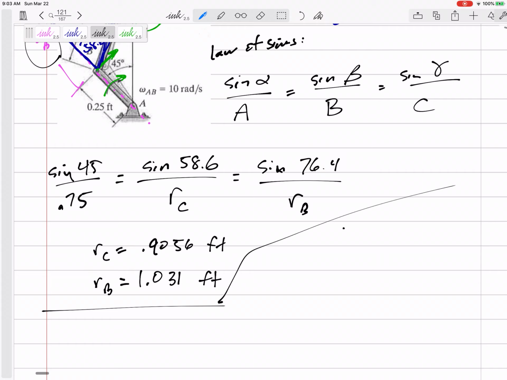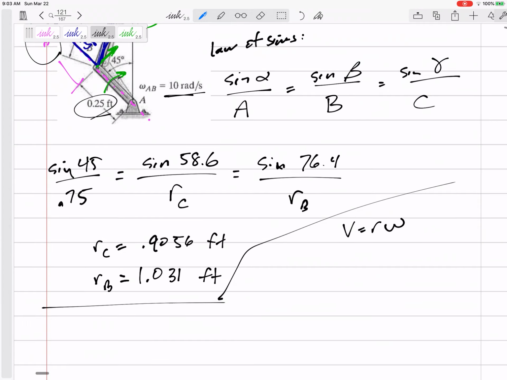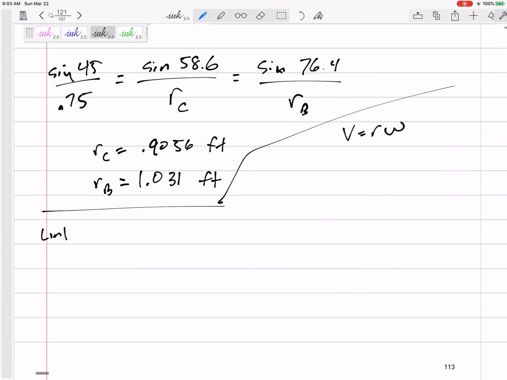Now, V equals R omega. Where should we start? Well, we're given this right here. We know this length right here. I'm going to start down here at link AB, and I'm going to write this out to remind myself what I'm looking at.